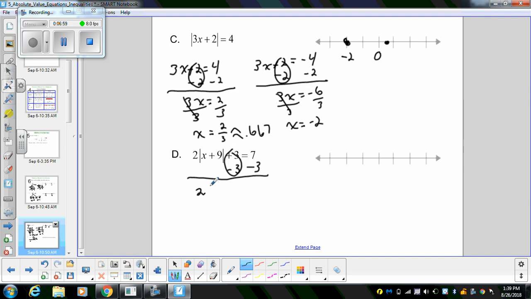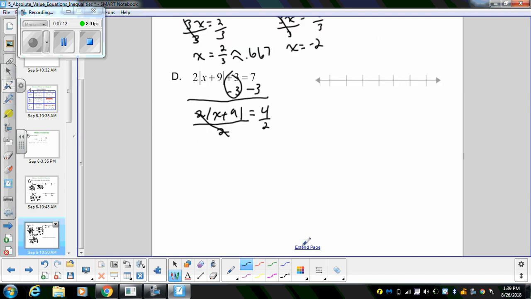So we get 2 absolute value of x plus 9 is equal to 7 minus 3, which is 4. Then we'll get rid of the coefficient. We'll divide both parts by 2. So now I get the absolute value of x plus 9 equals 2.